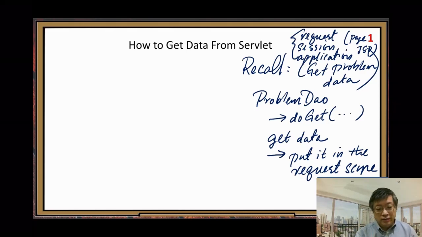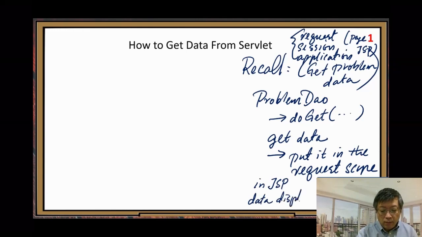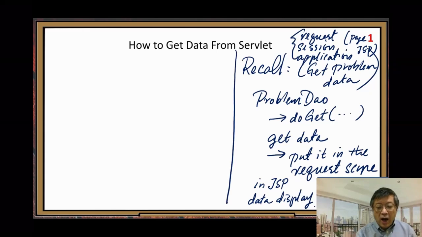Then the last step, in JSP, is to retrieve and display the data. That's the recall part, how we did it for the problem list data.